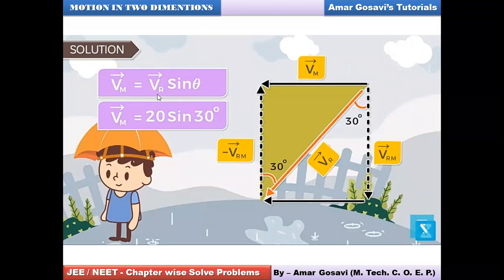So if I know Vr is 20, and I know the angle 30, what will be the speed of the man which is required to counter the inclination of the rain? 20 sine 30. You know what sine 30 is. Just multiply by 20 and you get the speed of the man with which he should move so that the raindrops appear to be vertical.